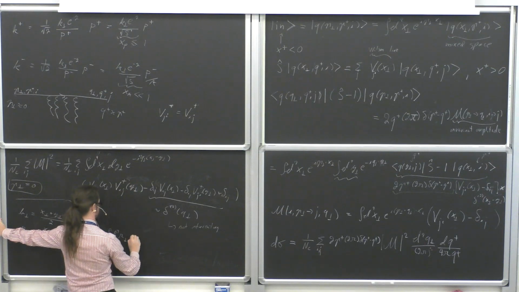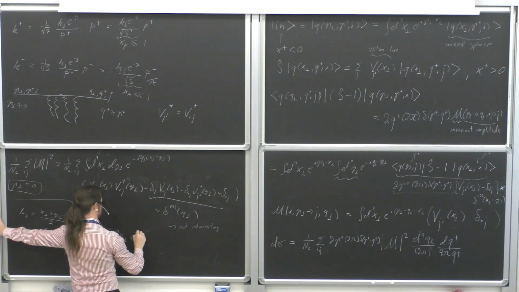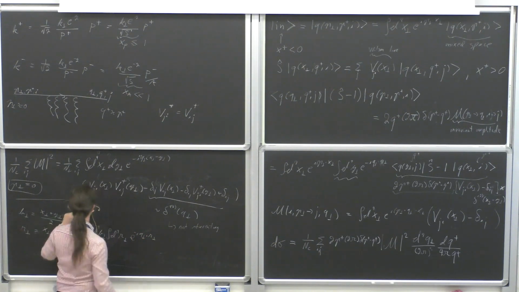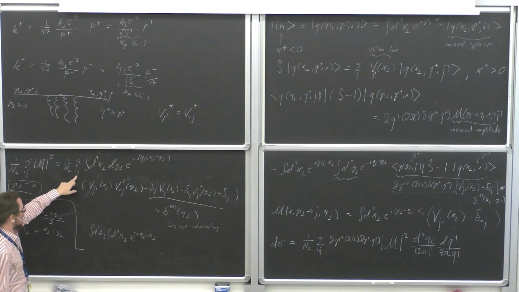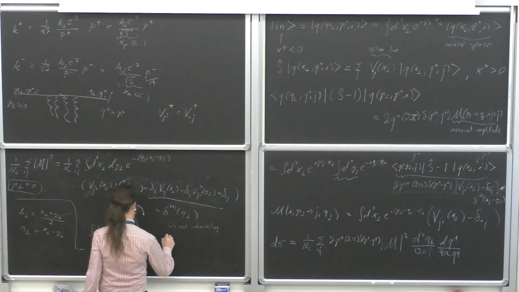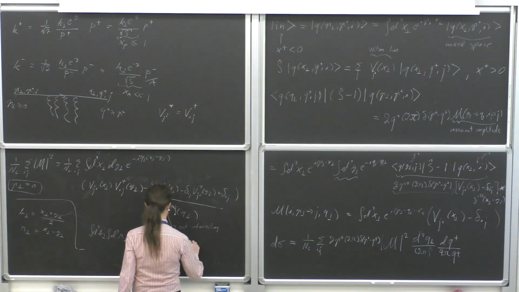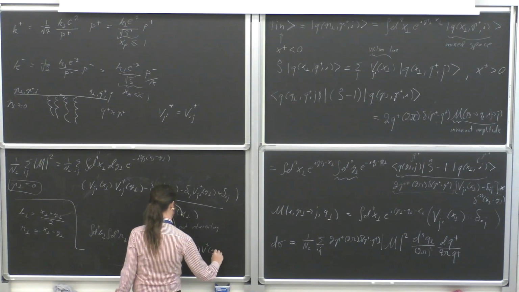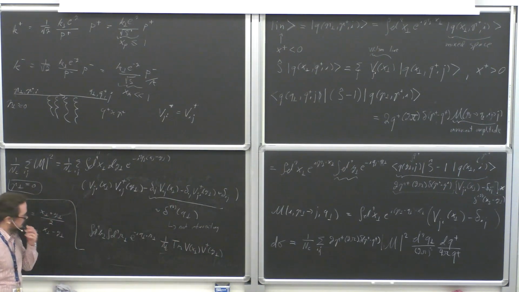The only thing that appears here is the difference, so the exponential of minus i q dot r perp. And now that I have thrown away these terms, the sum over i and j is just 1 over Nc times the trace of V of x perp, V dagger of y perp.